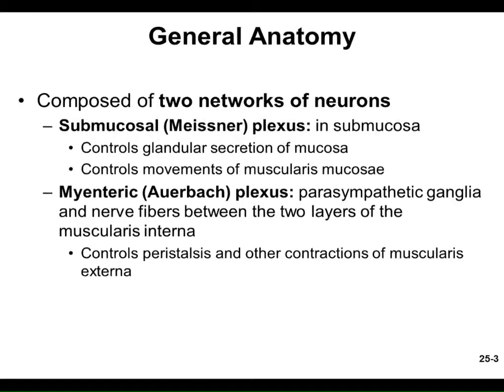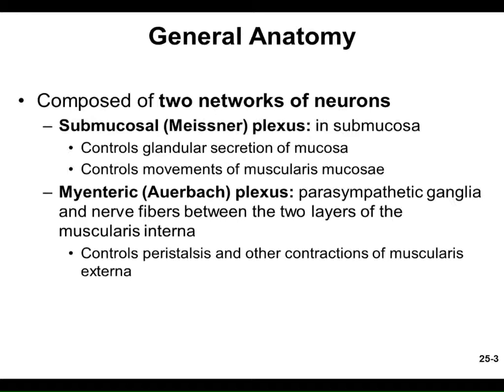So these submucosal or Meissner plexus neurons are in the submucosa. And what they're going to be doing is controlling glandular secretion and movement of what's called the muscularis mucosa. There is a little layer of muscle even within the mucosal layer, and that's going to help squeeze out the secretions.